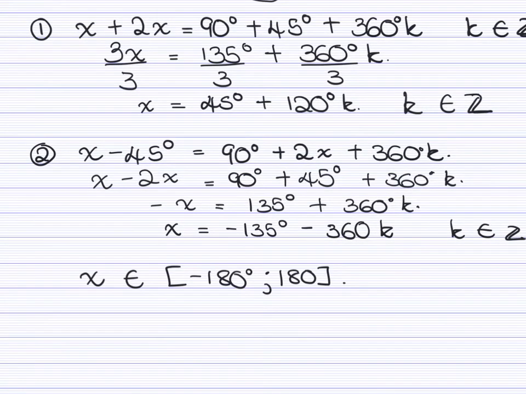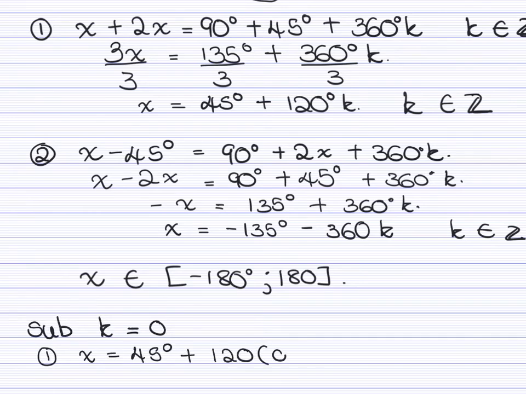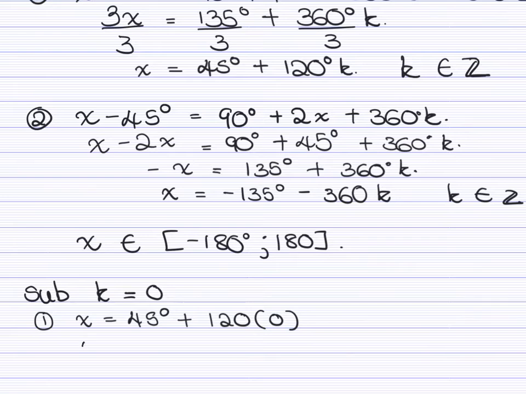Right. So the first thing that I do, I'm going to test by substituting in k equals 0. So that's the first value. When I sub in k equals 0 into the first general solution, 120 multiplied by 0, my answer for the first equation is x is equal to 45. So that's one of the solutions. I can do the same thing by subbing in k equals 0 into the second equation.